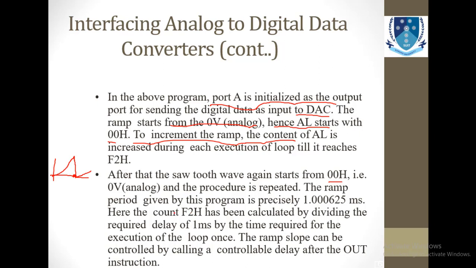The ramp period given by the program is precisely 1.00625. And how do we have to calculate it? You do not have to calculate it. It is basically run on a computer, and it provides you the average value, the RMS value, the mean value, the time period.